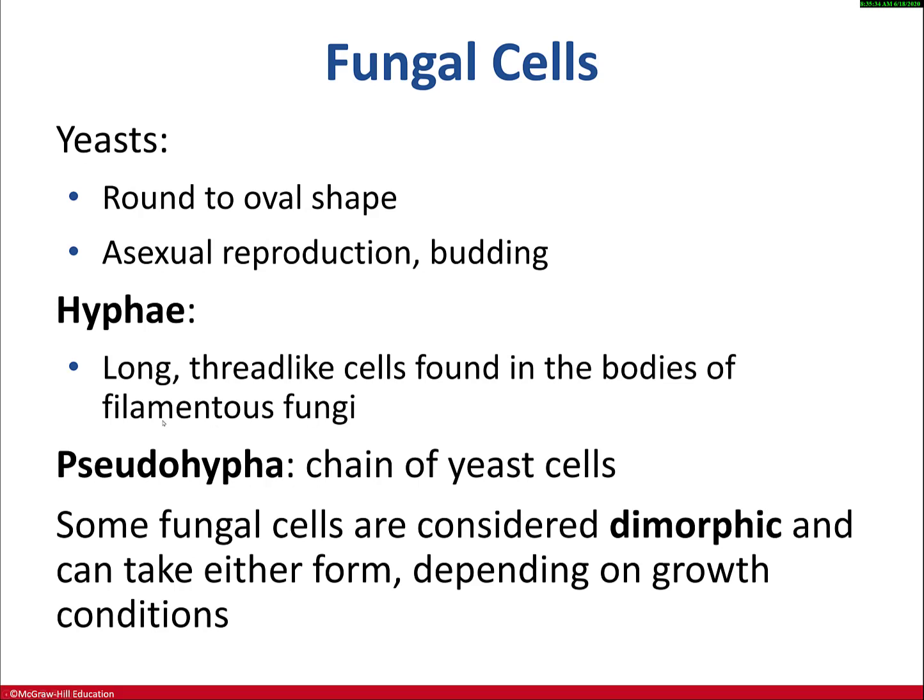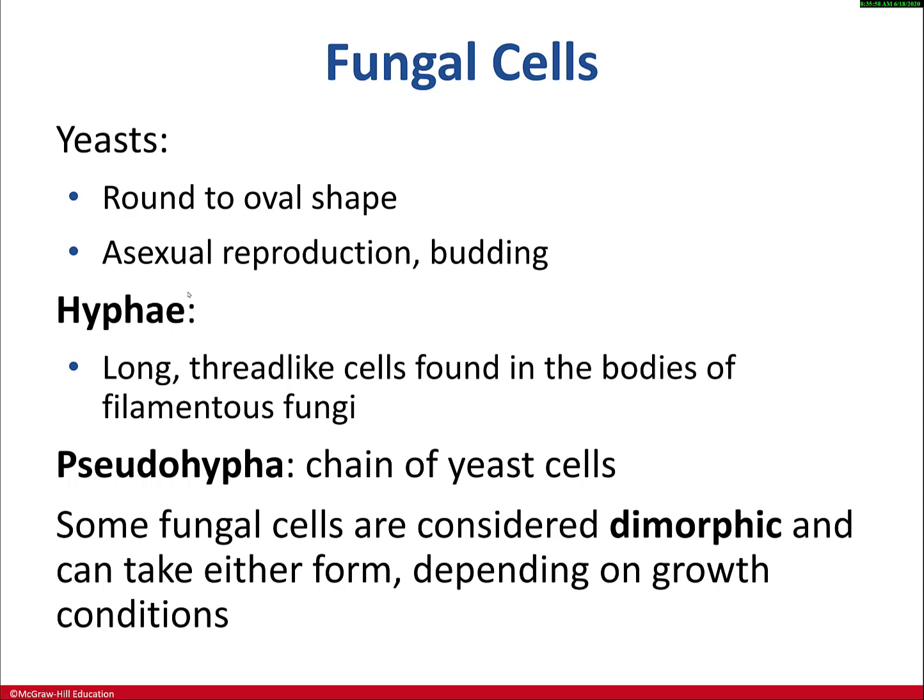Fungal cells include yeasts, which are round to oval in shape, which can throw a microbiologist for a loop perhaps, but they bud. They're not regular. They're very smooth. The sizes are sort of like a flip of the coin. Bacteria tend to be clones.